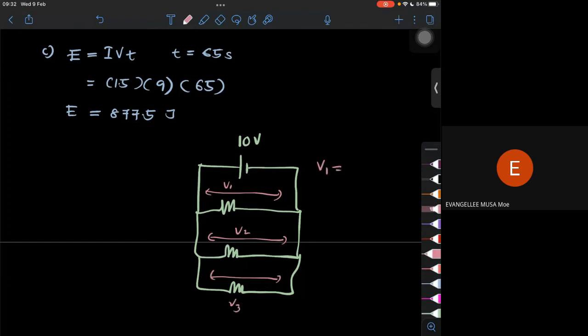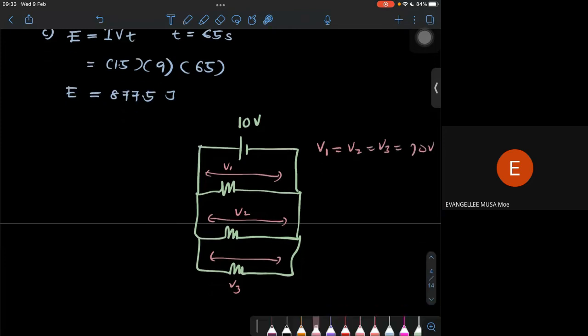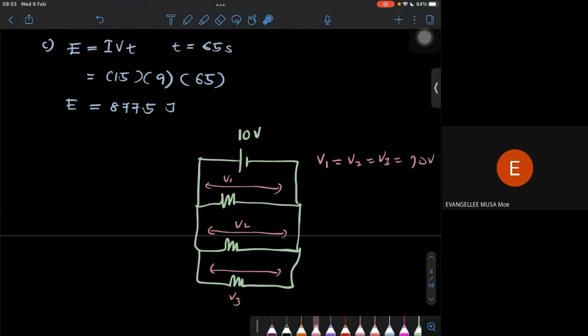Kita akan samakan dia, sebab kita tahu kalau dalam parallel, voltage akan sama. Kenapa dia sama sebenarnya? Sebab the voltmeter, kalau kita letak, dia adalah between these 2 point. So between these 2 point, dia sentiasa sama.